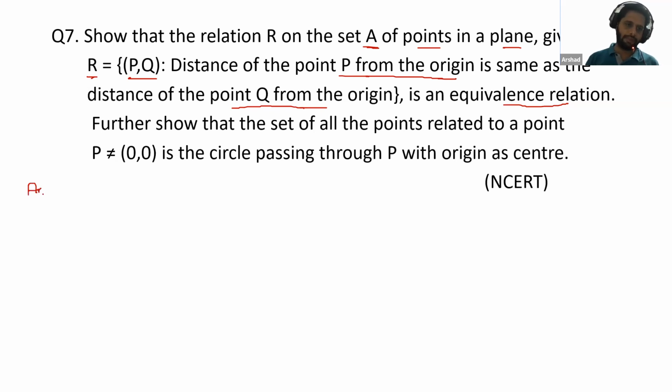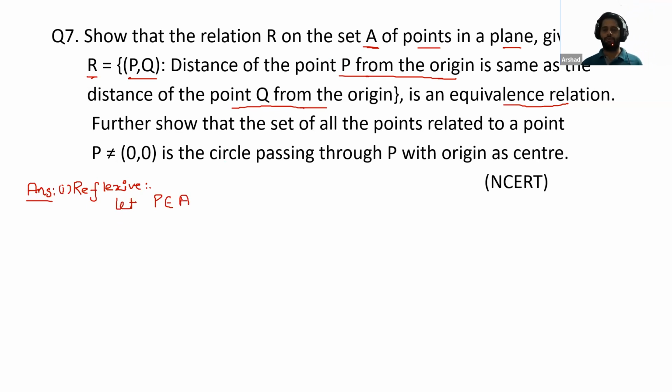So for reflexive, we have done many questions. So you know this, that we need to first of all assume the points. For reflexive, let P belong to set A. What is the set A?